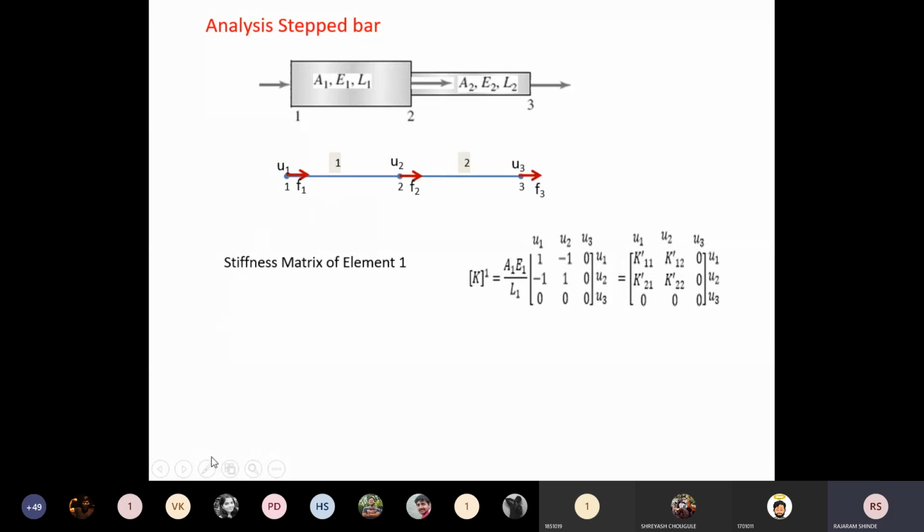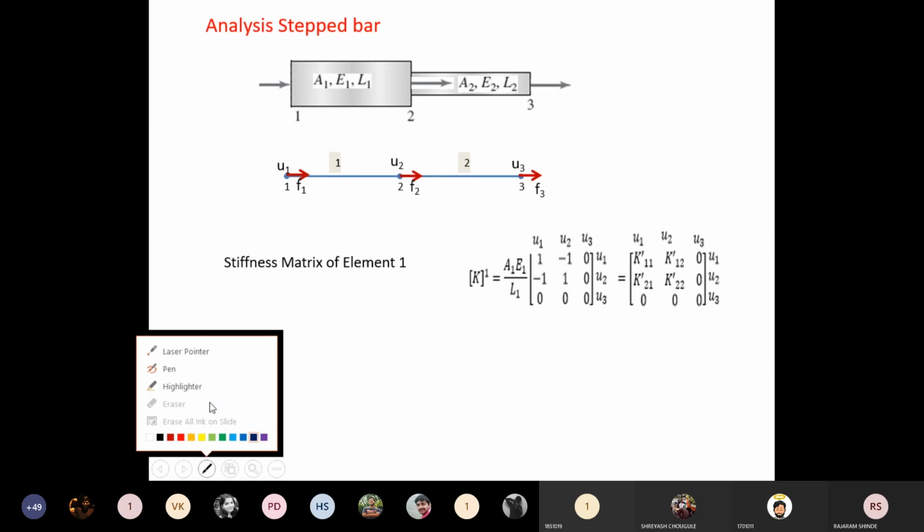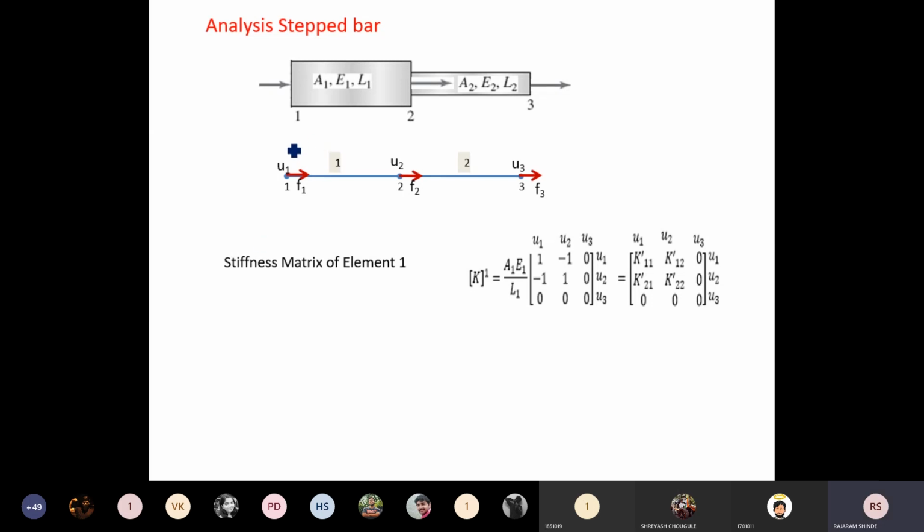You see this one. If I consider this element like this, and if I apply the force here, it will not create the displacement of this node and this node. Therefore terms corresponding to this U3, or displacement of node number 3, are 0 in the stiffness matrix.